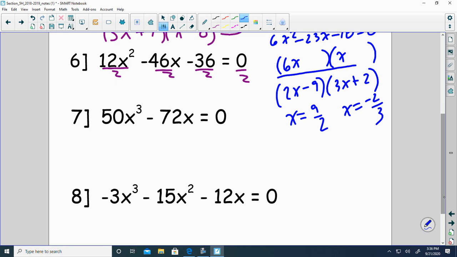Okay, on this next one, let's see. I could probably divide each side by 2 first. So that's going to give me 25x to the third minus 36x equals 0. This is going to have 3 answers to it. So I'm going to factor out the x.